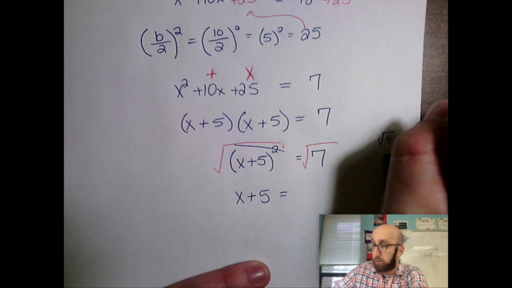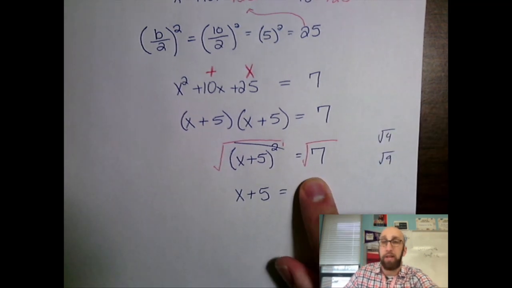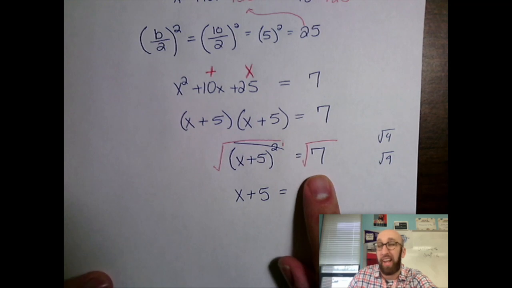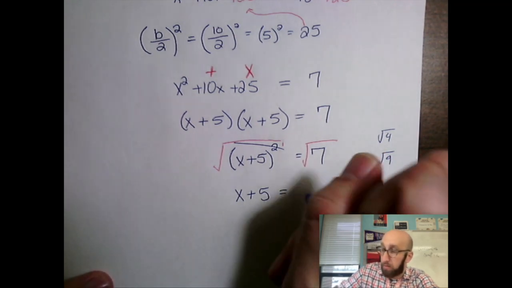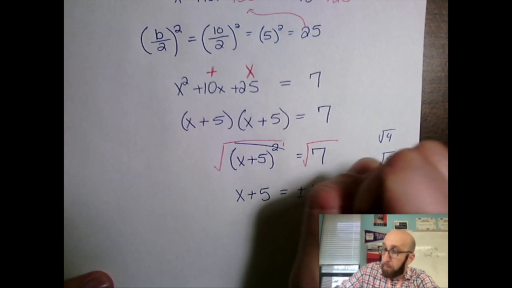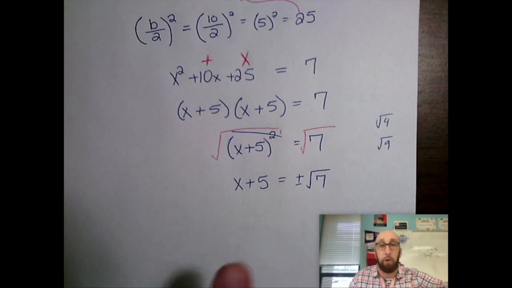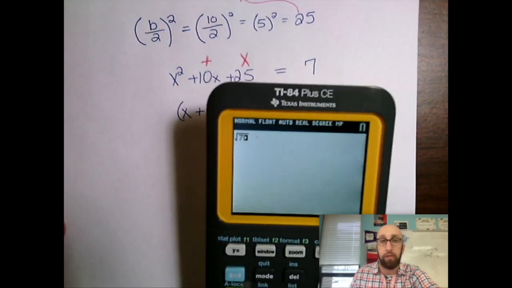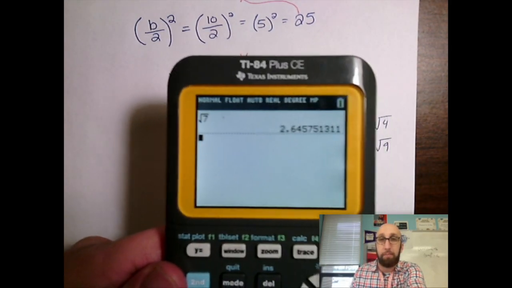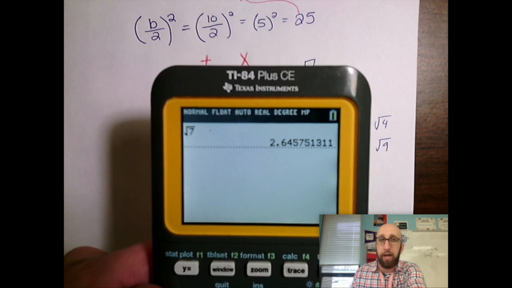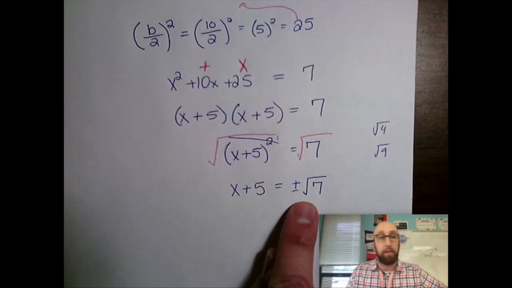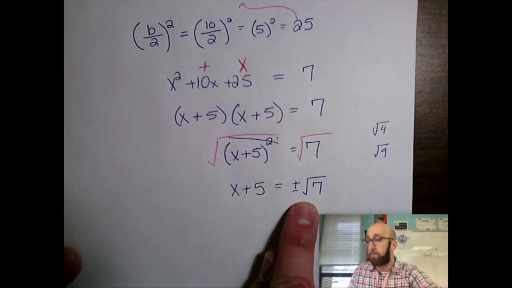I know how to do the square root of, say, 9, but I don't know the square root of 7, and I can't break down the square root of 7. So I'm going to leave it as positive or negative square root of 7. It cannot be broken down. If you're not sure on that, you could even check on the calculator and do a square root of 7, and you're just going to get kicked back a decimal, which we don't want to work with either. So we're going to leave it as plus or minus square root of 7.